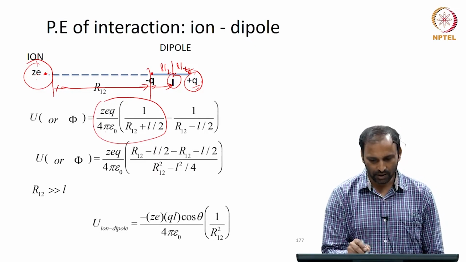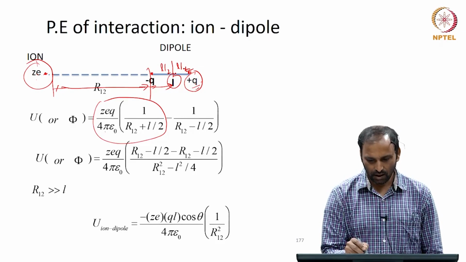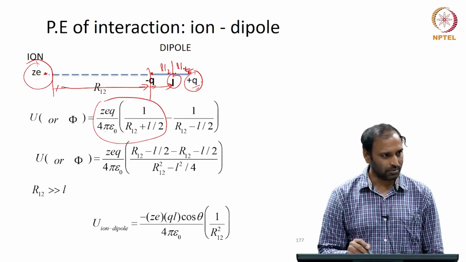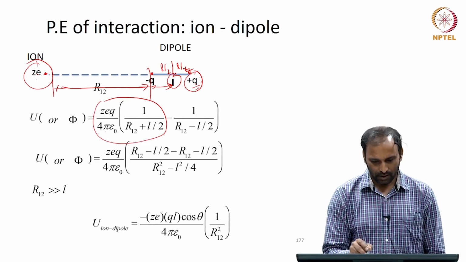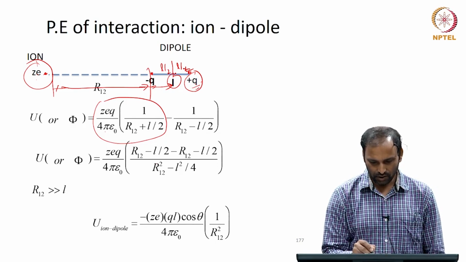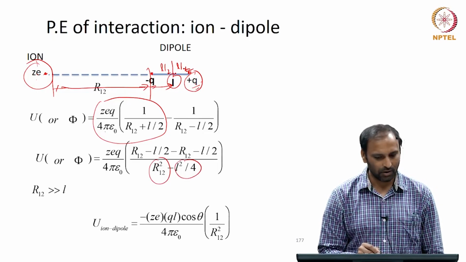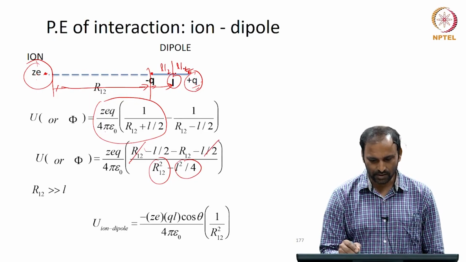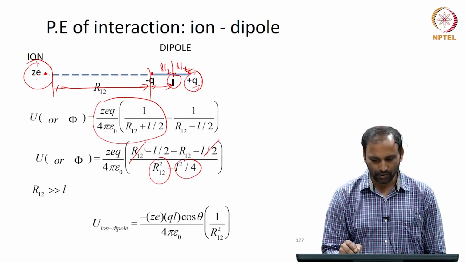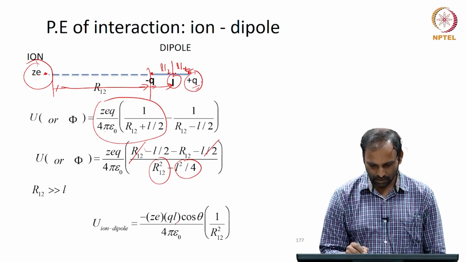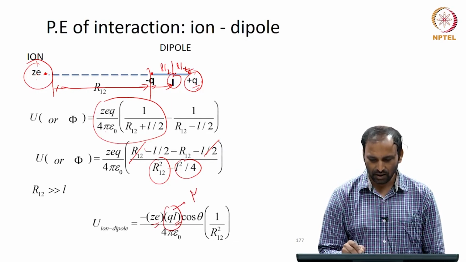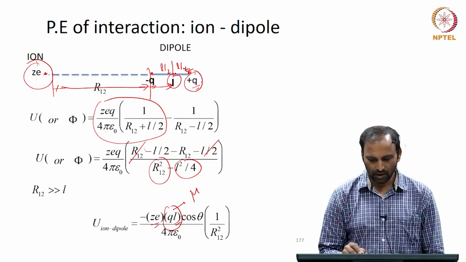Similarly, the other is at a distance r12 minus L by 2, and I can simplify this a little bit. So, your denominator becomes r12 square minus L square by 4, and this gets cancelled. So, minus L by 2 minus L by 2, that is L, and the Z e times q times L is clubbed because that is a dipole moment, cos theta.